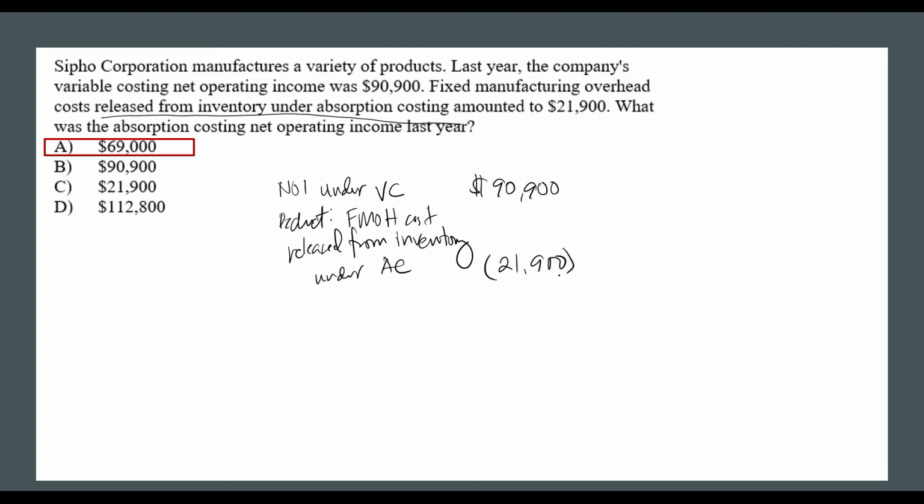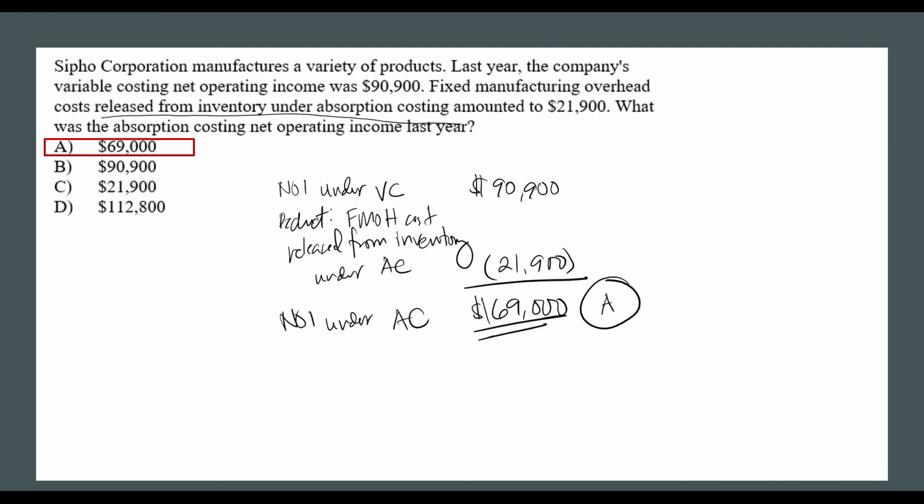So we deduct, and it will give us a value of $69,000. So this is the net operating income under absorption costing. So the answer here is letter A.